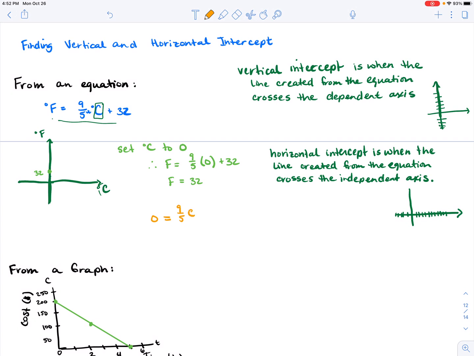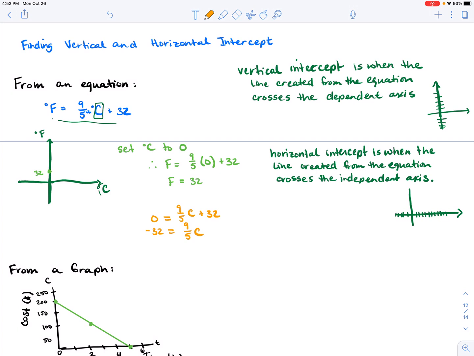9/5 Celsius plus 32. And now I need to solve this equation to isolate my C. So I need to subtract 32 from both sides to move 32 to the other side of the equal sign. So I have minus 32 equals 9/5 C. And of course, I need to cross multiply.